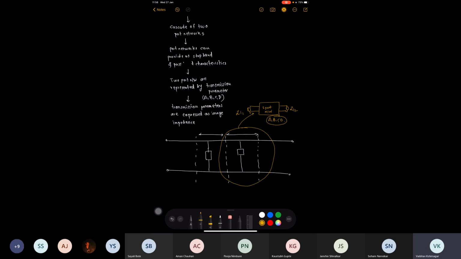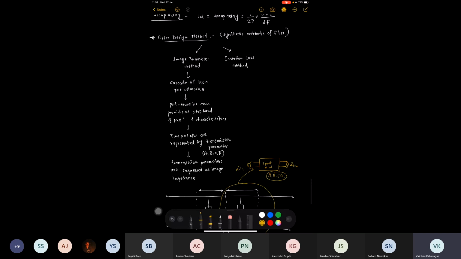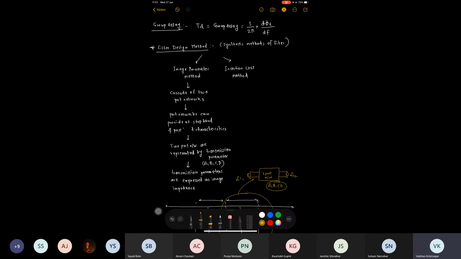This two-port network is then represented in terms of transmission parameters ABCD, which are specified in terms of input and output impedance Zi1 and Zi2. And that's why the overall design of the image parameter method will take into account the impedances that are terminating at the input and output of that two-port section representing the part of the transmission line.